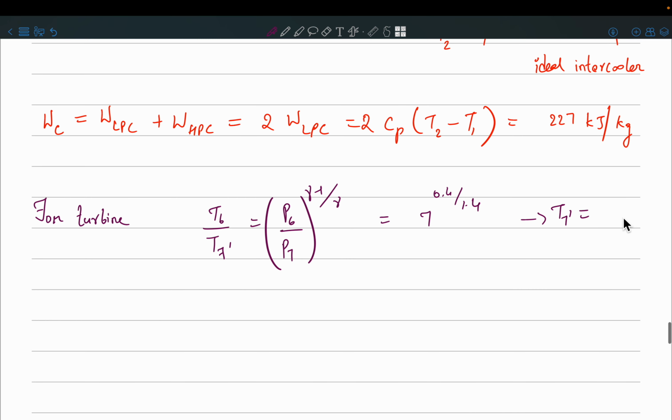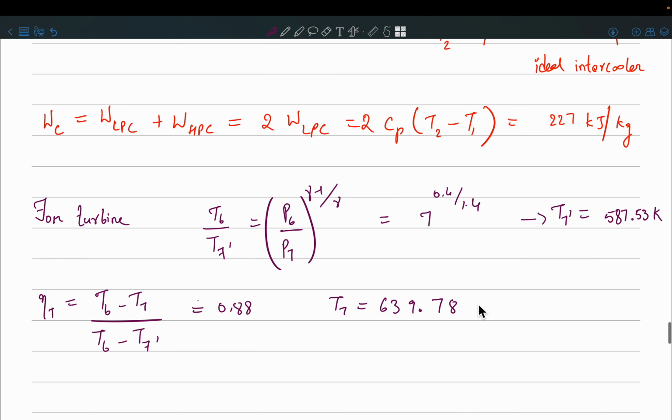T7 prime turns out to be 587.53 Kelvin. Alright, and again we have the efficiency of the turbine, which is nothing but (T6 minus T7) divided by (T6 minus T7 prime). This is given to be 0.88, so then T7 turns out to be 639.78 Kelvin.